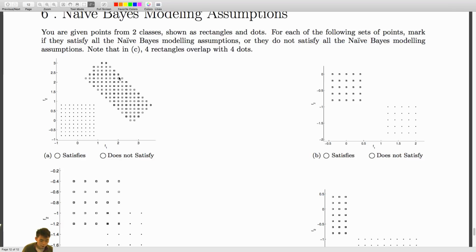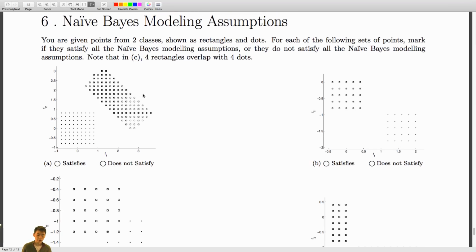For example, if you're given that the feature f2 is 3, then the domain of feature 1 is just these 2 points. But if you're given that f2 is 1, then there's a vastly different domain for feature 1. So these two features aren't conditionally independent. One value will affect the other, so it doesn't satisfy the modeling assumptions.